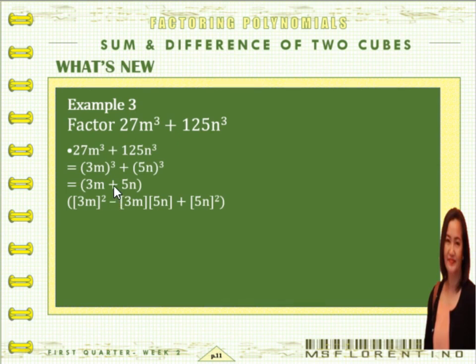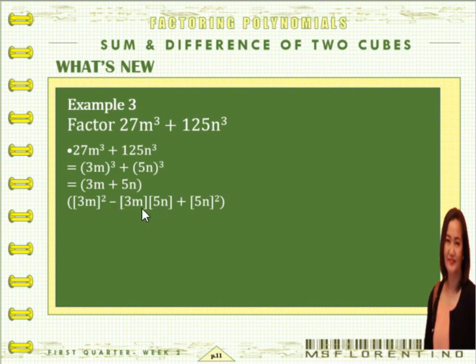We have here a plus sign for the binomial factor, and we have the negative sign for the trinomial factor. Then we simplify the trinomial factor. 3m raised to the power of 2 is 9m squared. And for the last term, 5n raised to the power of 2 is 25n squared.